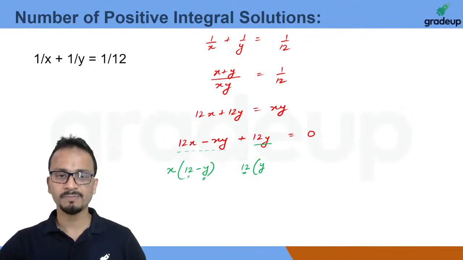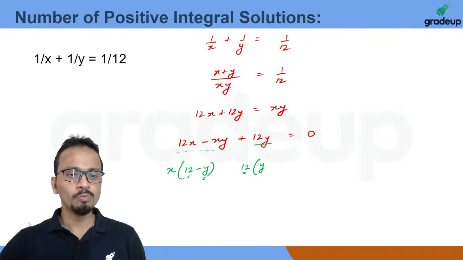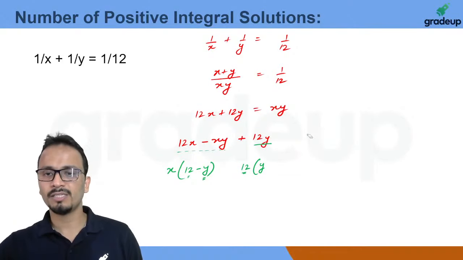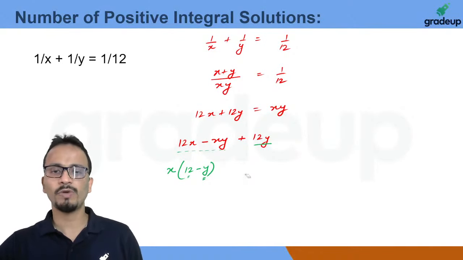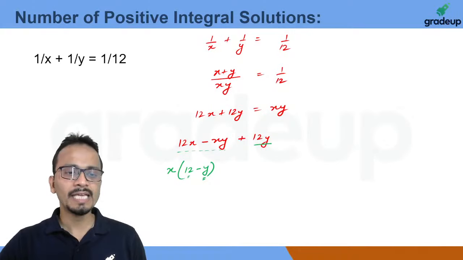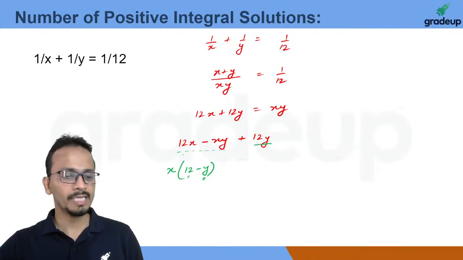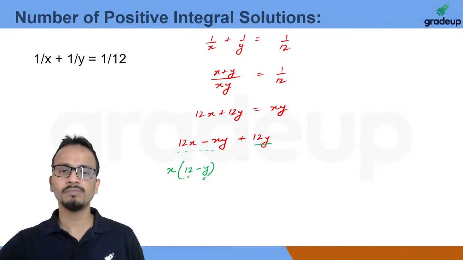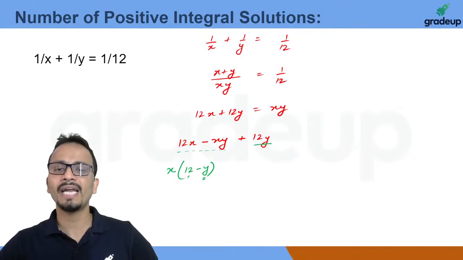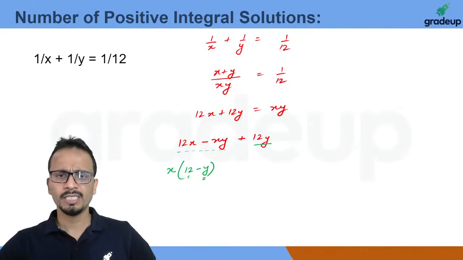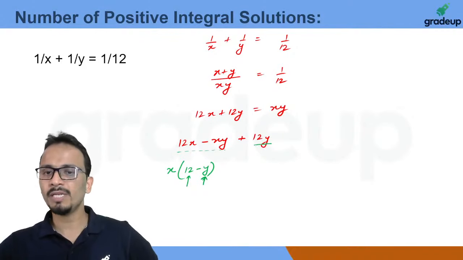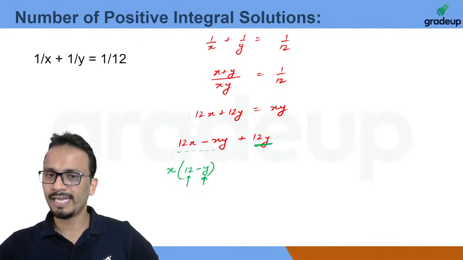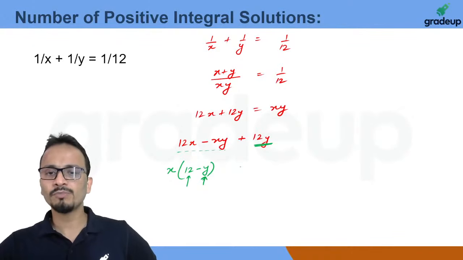I repeat. In order to properly factorize this part, I've taken x common from the first two terms and I'm left with 12 and y. Just look at 12 and look at y. Similarly, the next term is 12y, and from 12y I'll take 12 common, so obviously I'll be left with y.